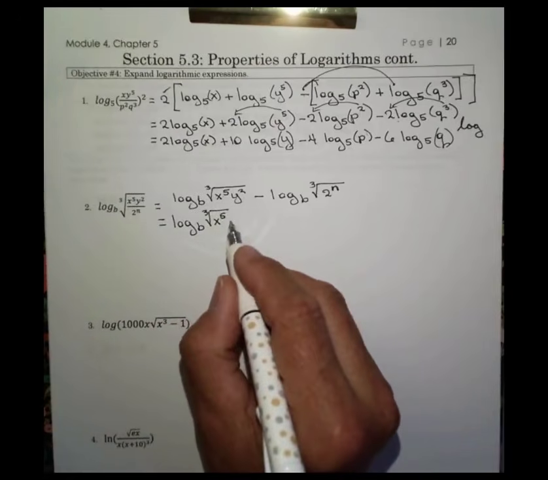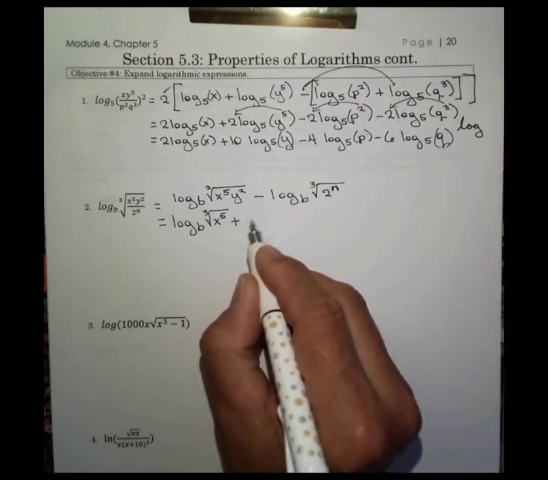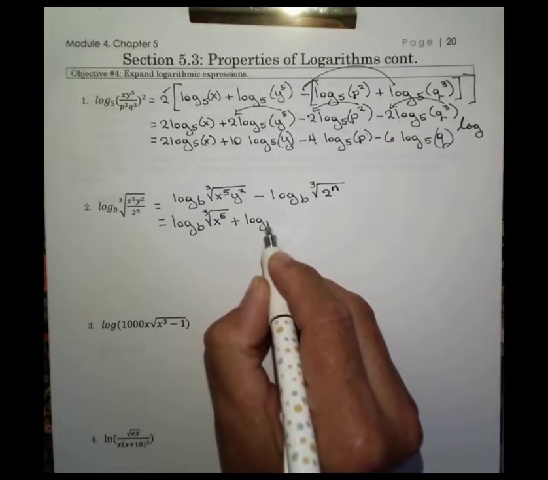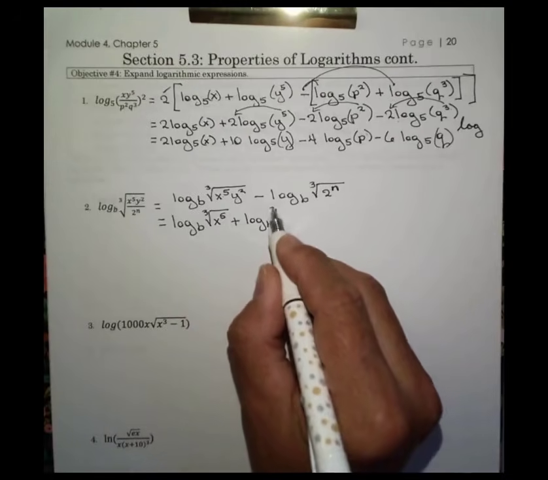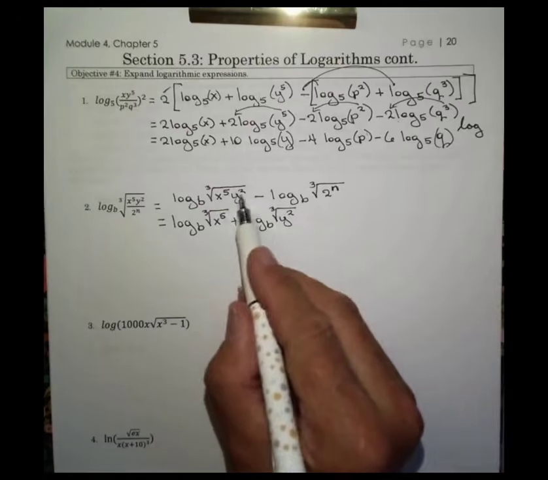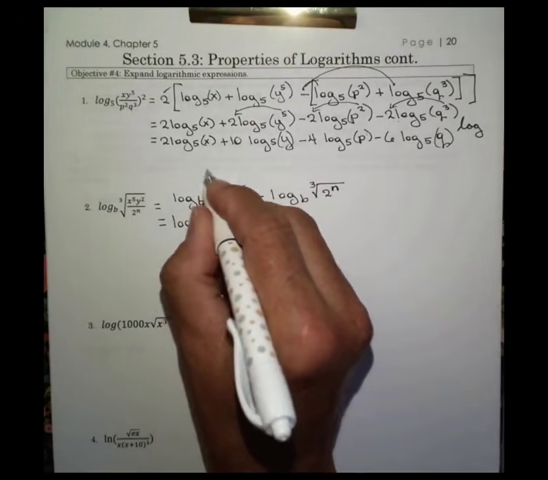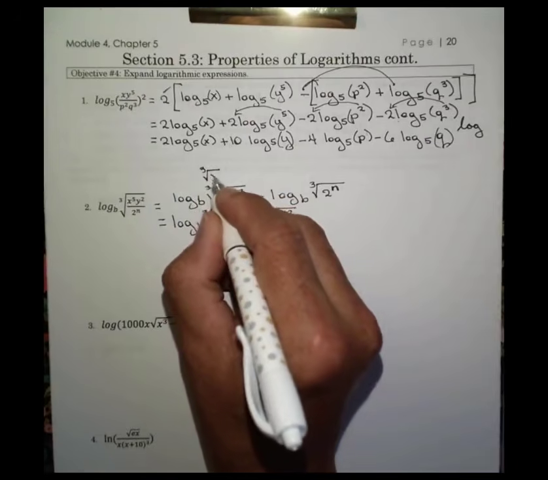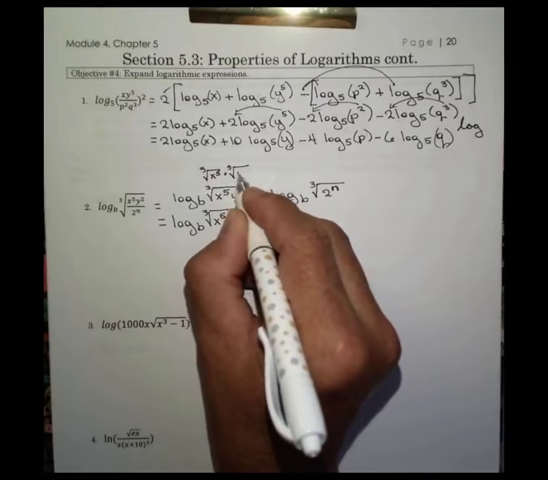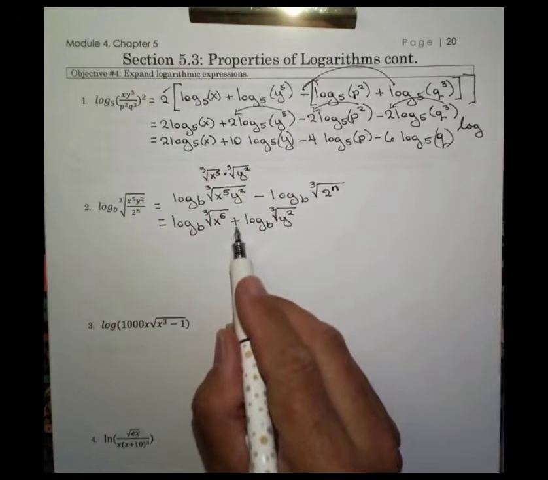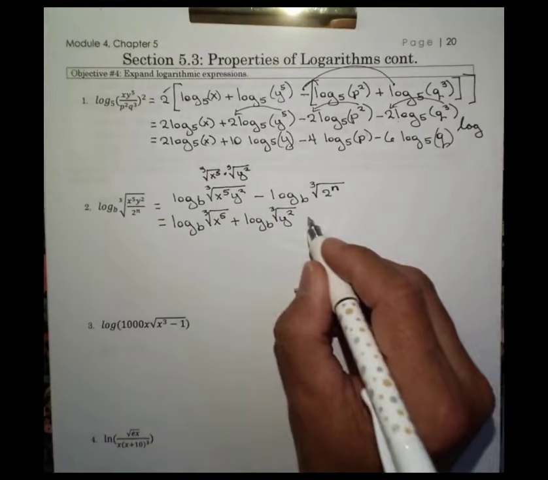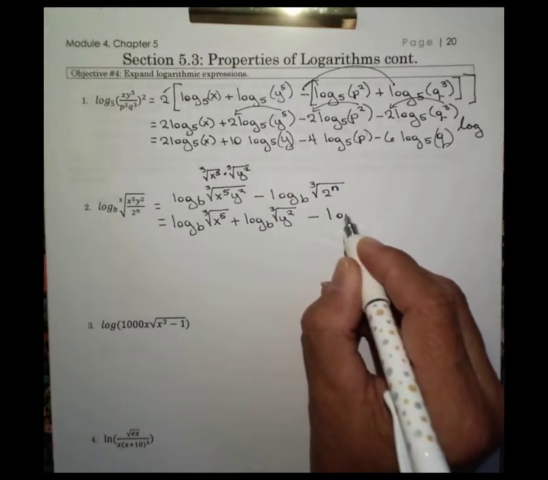So it's really plus log base b, and it's still the cube root, isn't it, of y squared. Okay, so I split those two out. Remember, I could have written this again. This is the cube root of x to the 5th times the cube root of y squared. So that's why I'm able to split them out with my product rule and change it to addition. I'm really not doing anything with this third term, so I'm just going to write it down again.